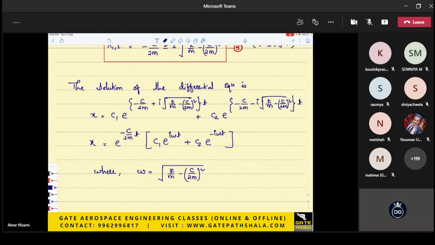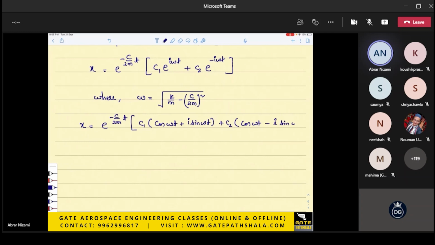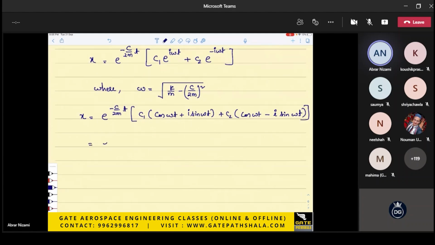Now you write x equals e power minus c by 2m into t into c1 into e power i omega t. By Euler's formula you can write it as cos of omega t plus i sin omega t plus c2 into cos of omega t minus i sin of omega t. Okay, from this you take the cos and sin terms together.